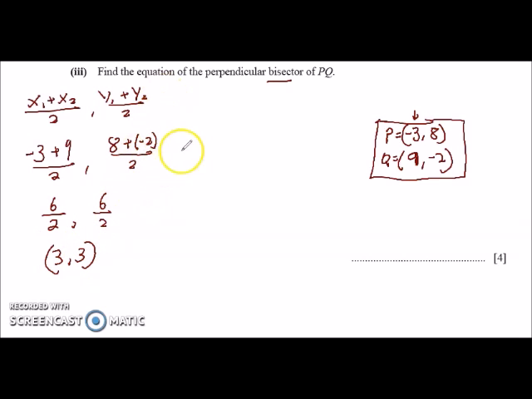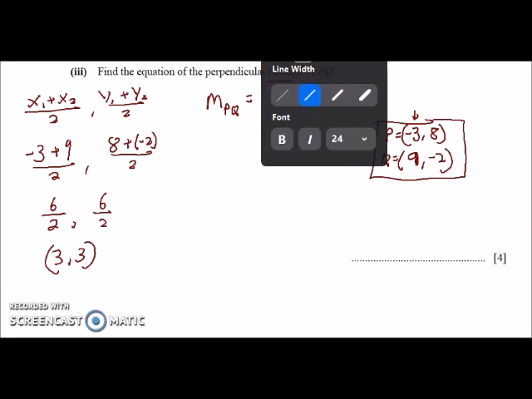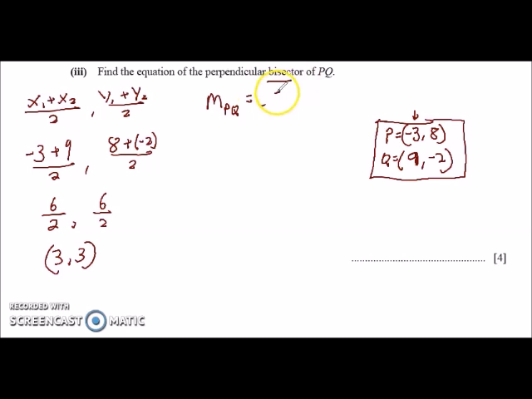And from earlier calculation, we will get the gradient of PQ is equal to negative 5/6. Okay, since it is perpendicular over here, what we can do is use this formula, m1 multiplied with m2 equals negative 1.